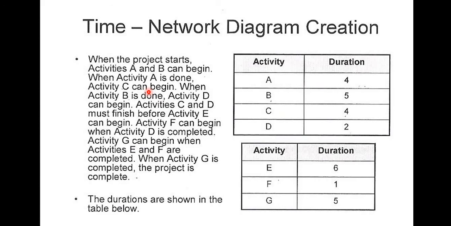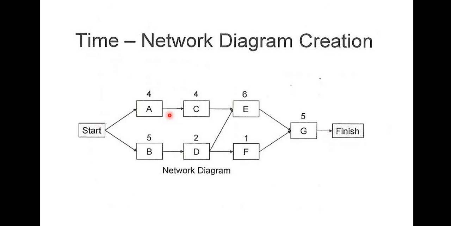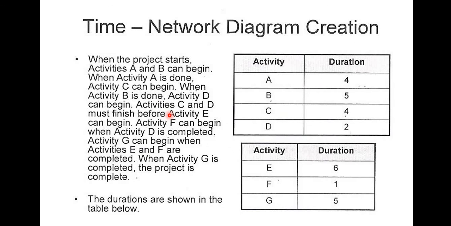So let's look at creating the network diagram. So everything that was discussed here, when a project starts, activity A and B can begin. So these are activity A and B and their duration. So we are going to use this information here to create the network diagram here. So look at this.